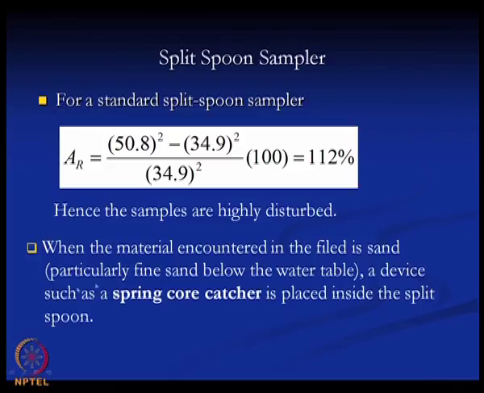disturbed sample. Now, the standard split spoon sampler is suitable for clay soil. If we encounter sandy soil, such as partially fine sand below the water table, a device such as a spring core catcher is placed inside the split spoon.